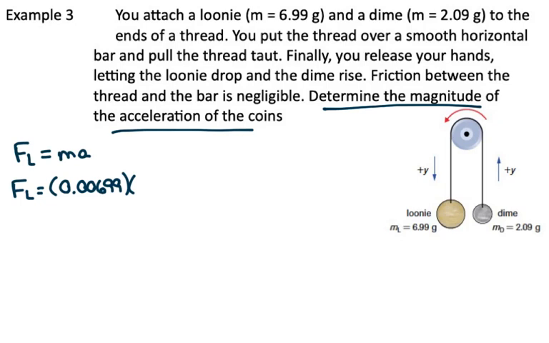And the acceleration experienced by the loonie is because of gravity. So we'll actually be using 9.8 as the acceleration here. Multiplying that out, going to 2 sig figs, we get 0.068 newtons of force on the loonie.